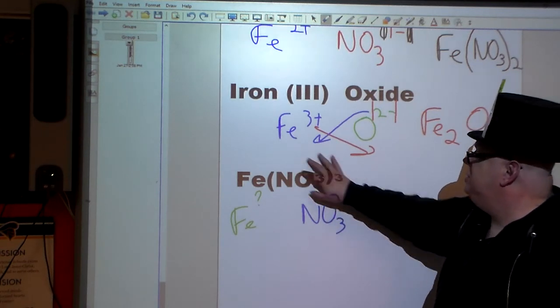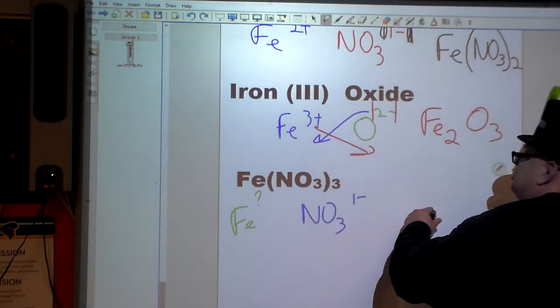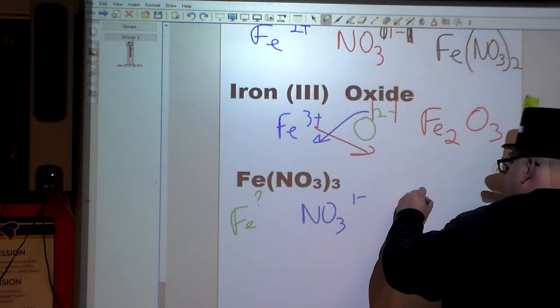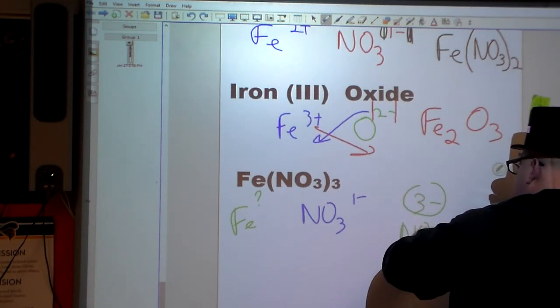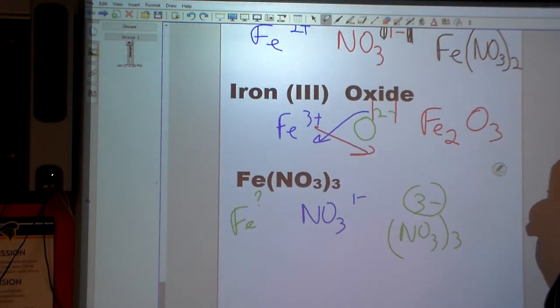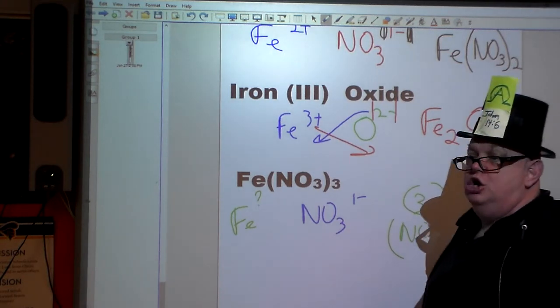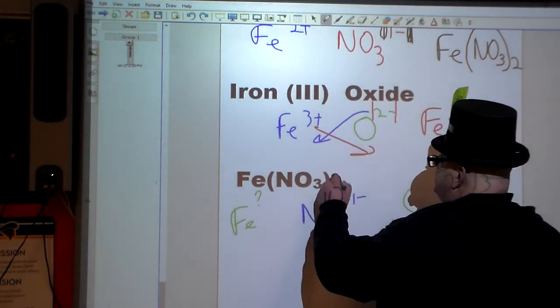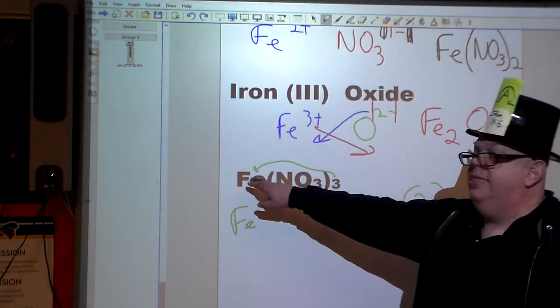So that means this whole thing here, because you've got 3 of these, that means you have a total charge of -3 of the NO3s, because you basically have 3 of them, don't you? Right? So why can't we uncrisscross? Why can't we take the 3, bring that back? There's only 1 iron, right?